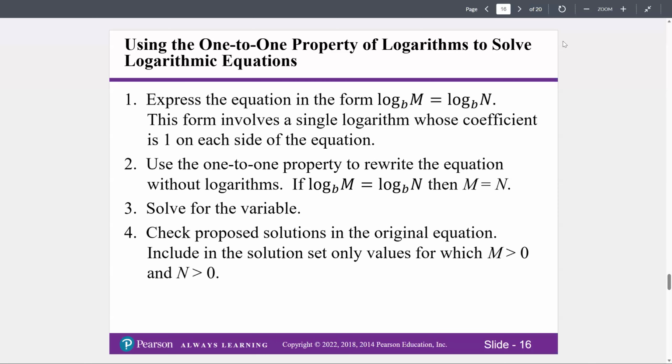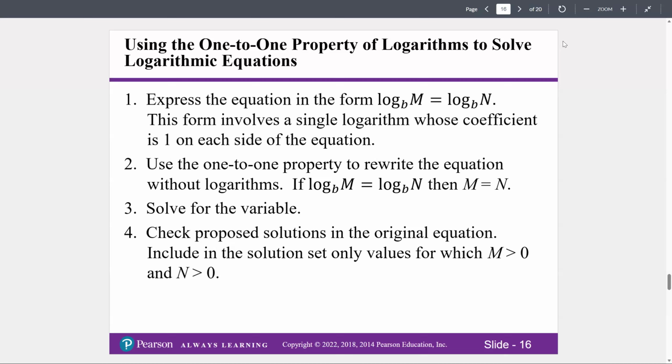Okay, so sometimes we don't have something that's so easy that we can just write it into an exponential and solve it. We want to express the equation in the form log base b of m equals log base b of n, which involves a single logarithm whose coefficient is 1 on each side of the equation.